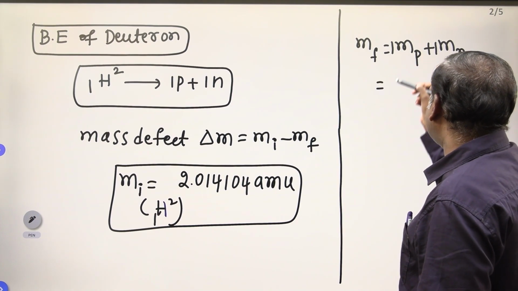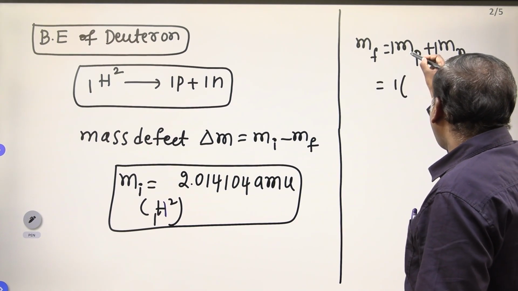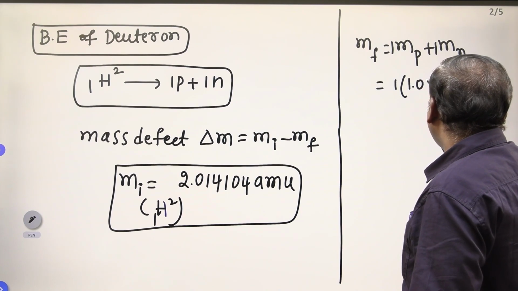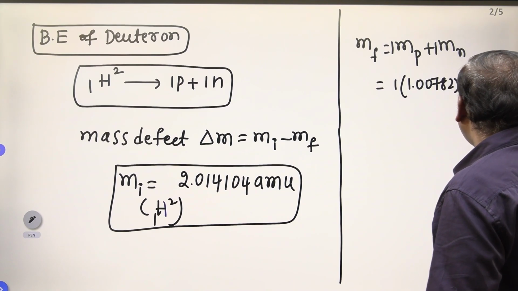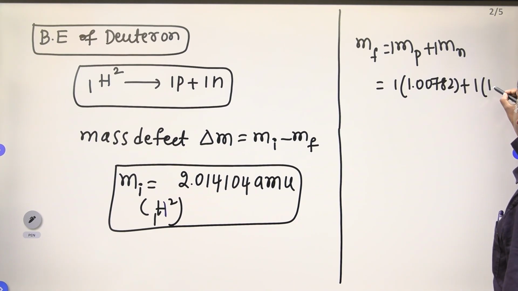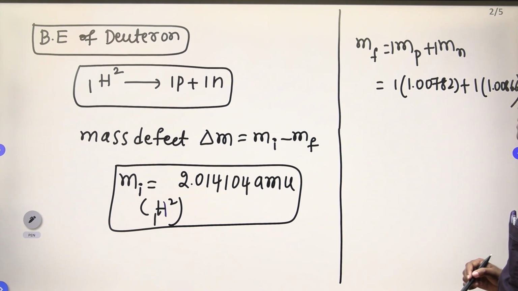Therefore, we write 1 into the mass of the proton, which is 1.00782, plus 1 into the mass of the neutron, which is 1.00866.